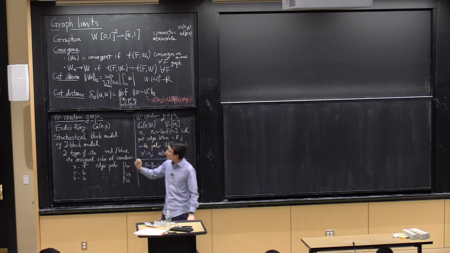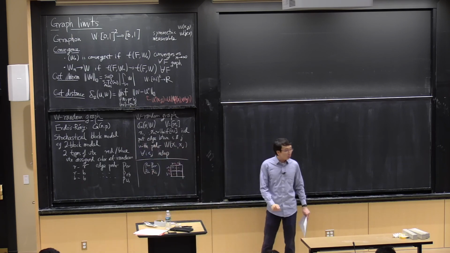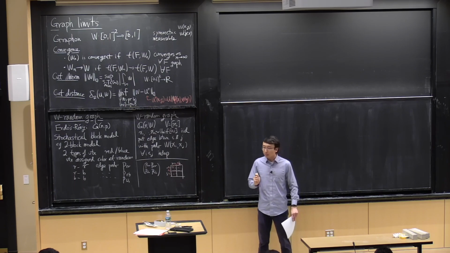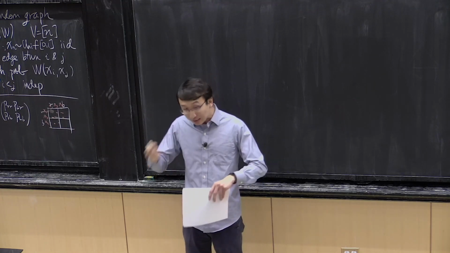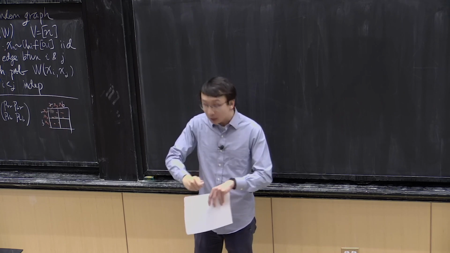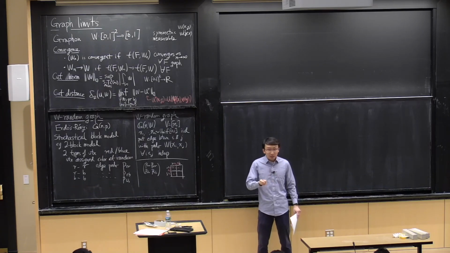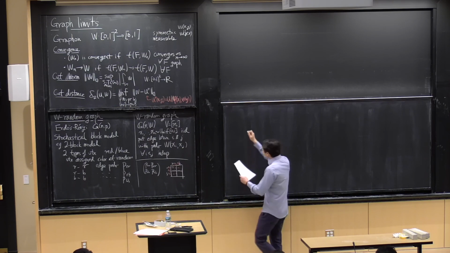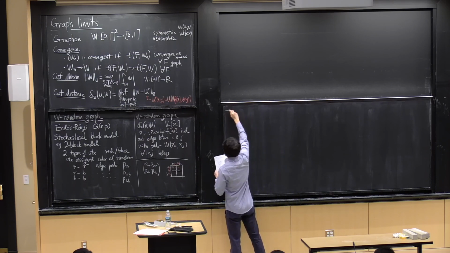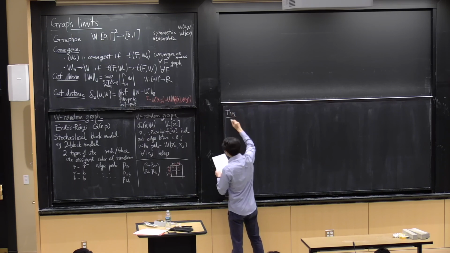I've told you that the sequence of Erdős-Rényi random graphs converges to the constant graphon p. So instead of taking a constant graphon p, now I start with a W-random graph. And you should expect, and it is indeed true, that this sequence converges to W as their limit.